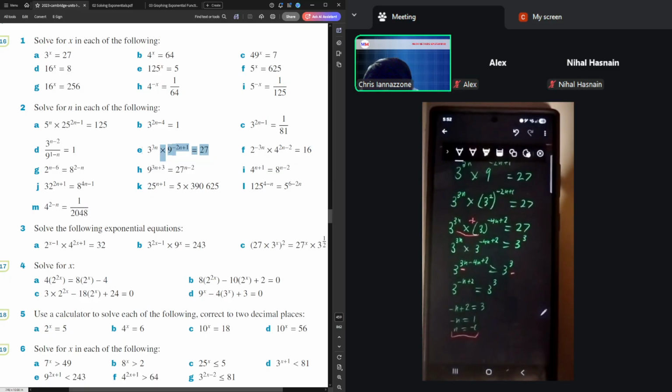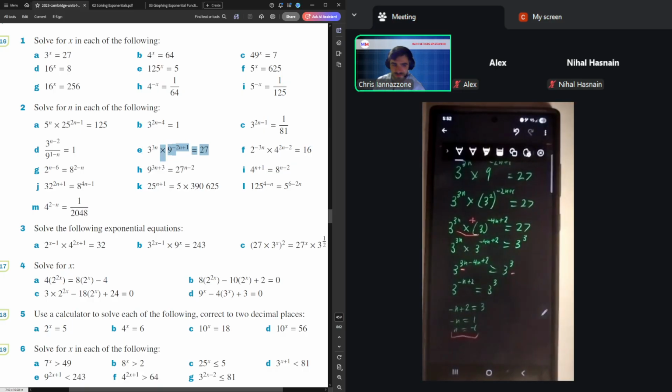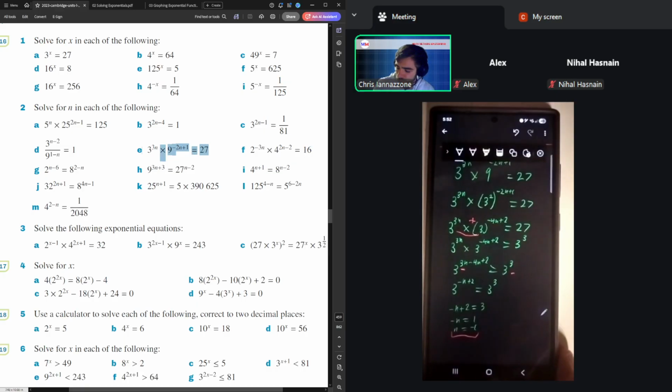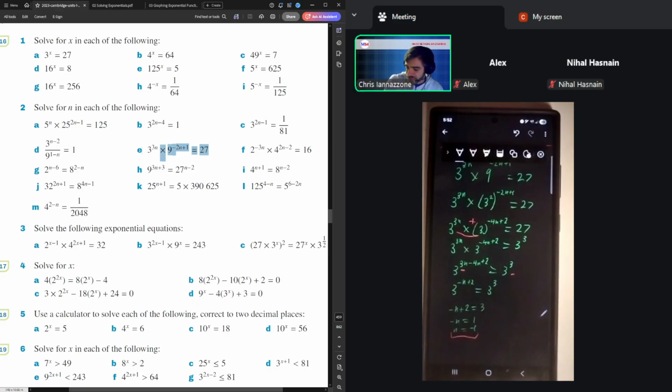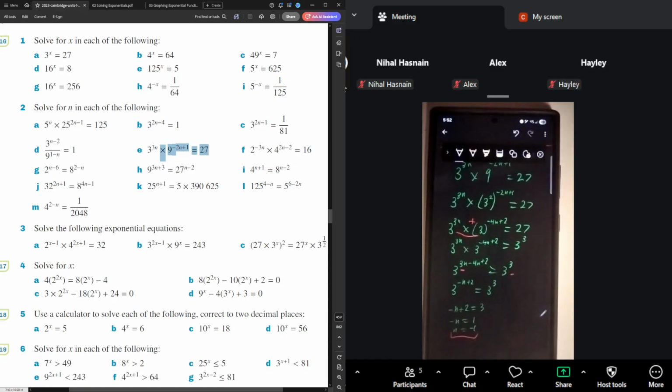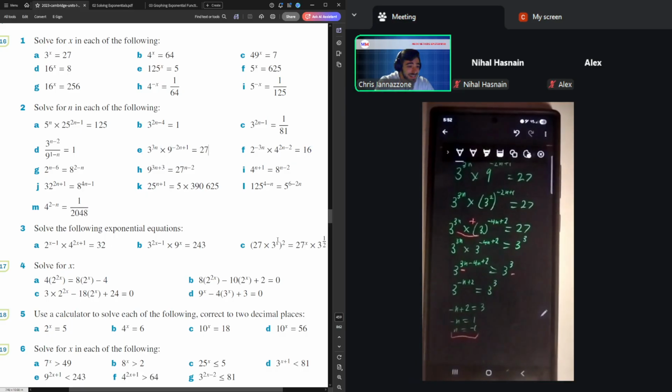Doesn't really save you much. You're just not writing those bases anymore, but that's literally about it. Just thought I'd mention it in case you were curious, because it does save you a whole 3 characters to write. Wow. Time saving. But yeah, that's that kind of question. So that's what pretty much all of question 2 is doing.